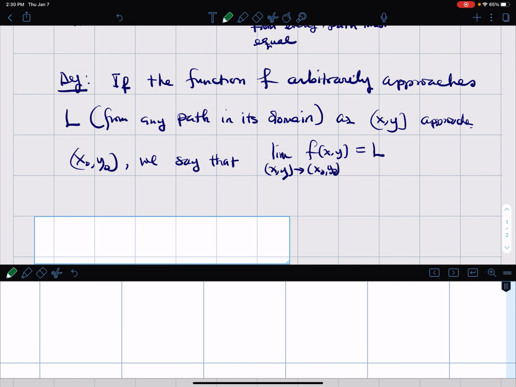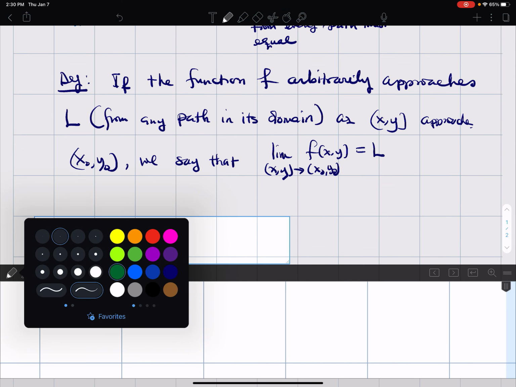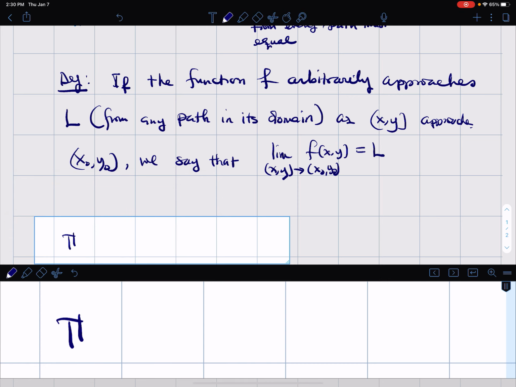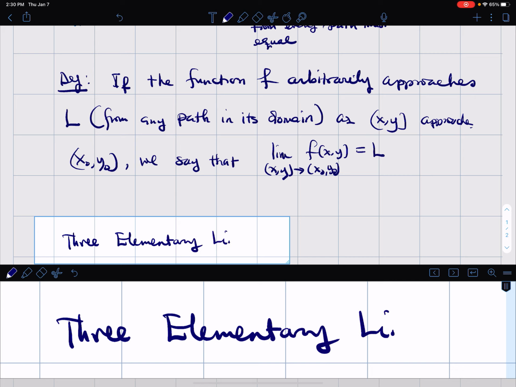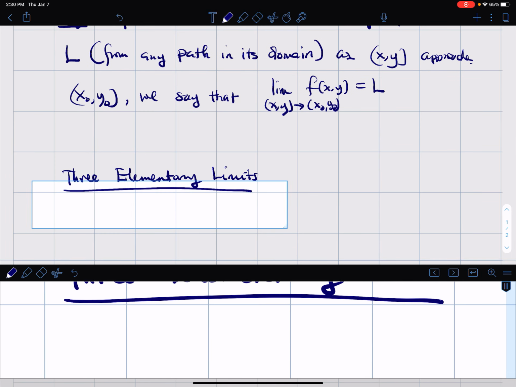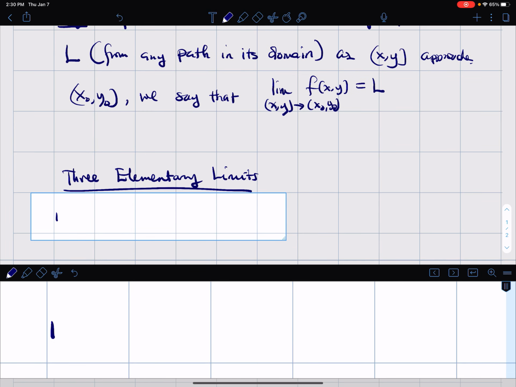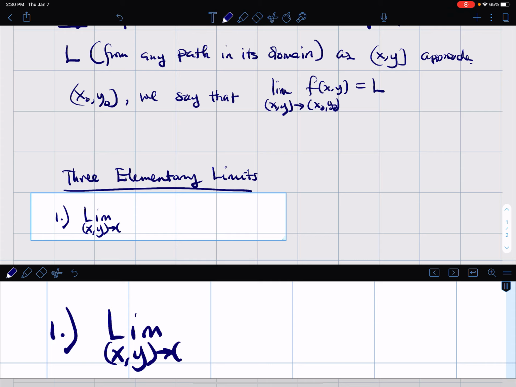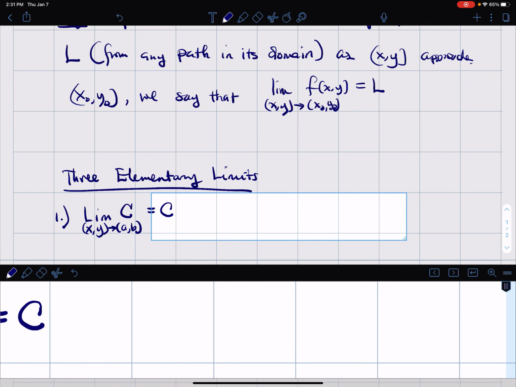We have some theorems, some basic results. These are three elementary limits that are going to help us. The first one is that the limit as (x, y) goes to (a, b), I'm going to say (a, b) instead of (x naught, y naught), of a constant is a constant.